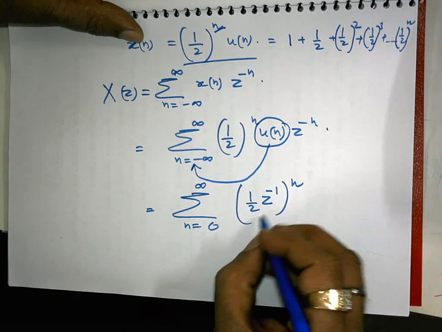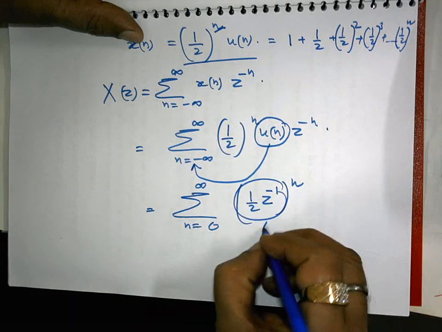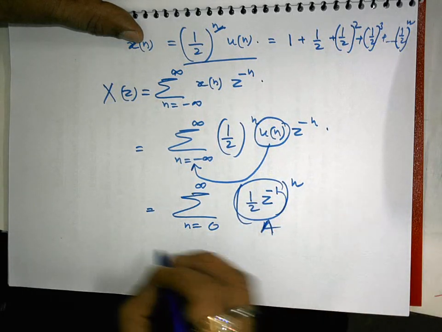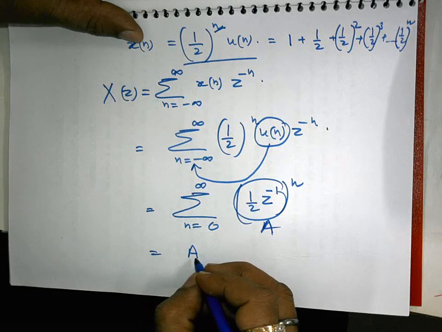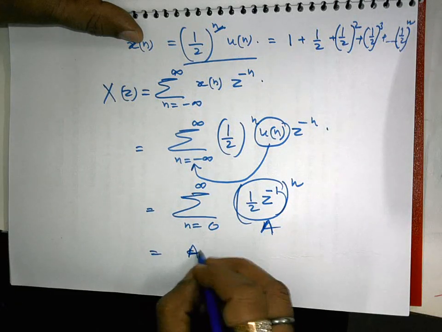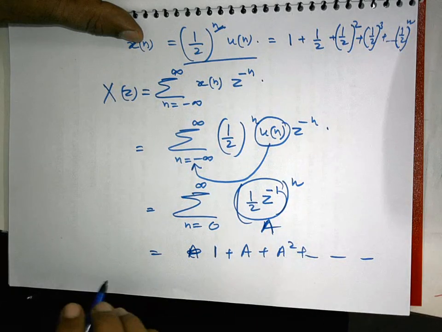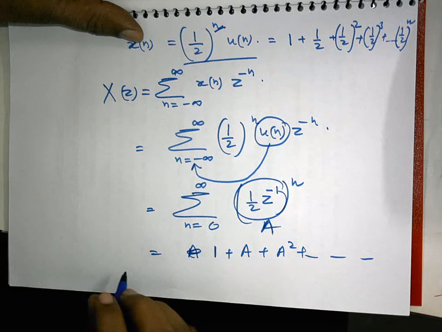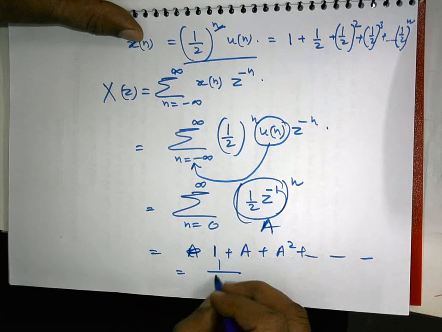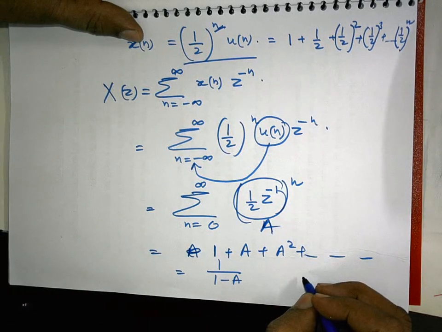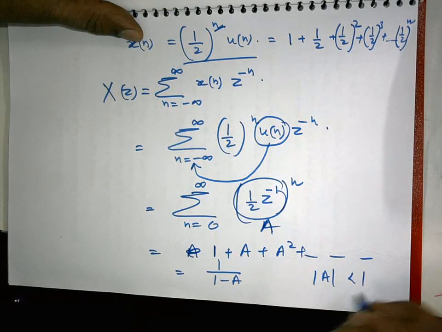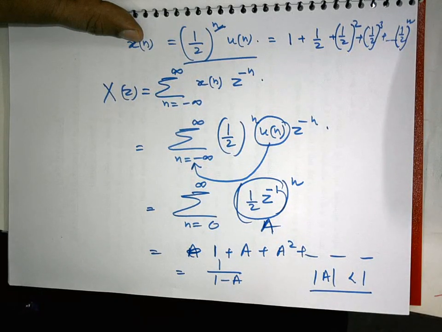Now we can assume this to be equal to, say, a. Now this power series can be written as a to the power 0, meaning 1, plus a, plus a square, going this way, and this converges to the value 1 over 1 minus a, provided mod a is less than 1. This is a GP with an infinite number of terms, so it converges only to this value.